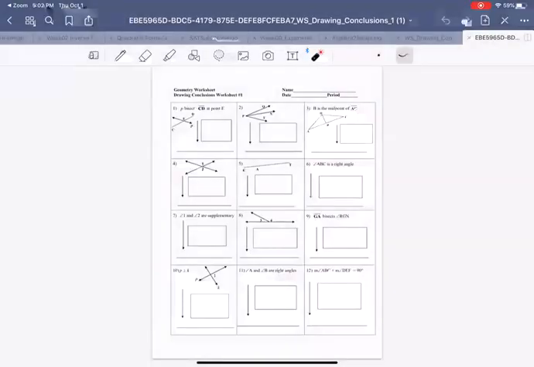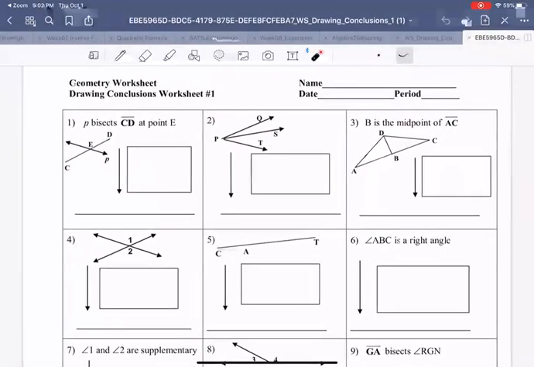All right, let's do this. You read the first one. Go ahead.